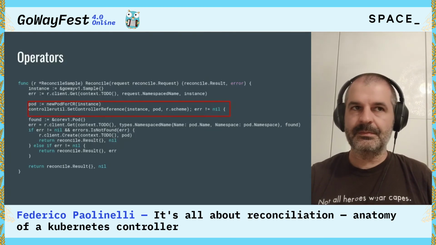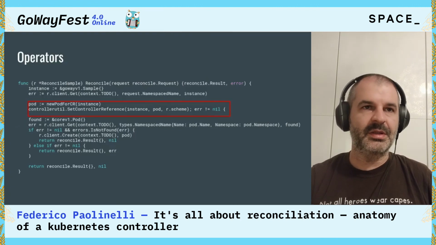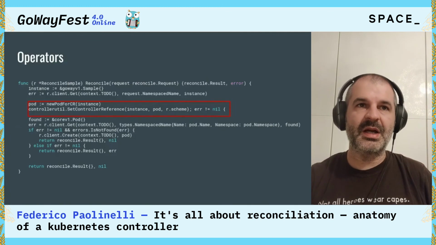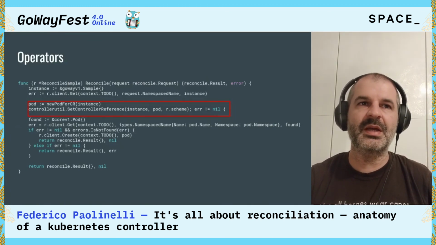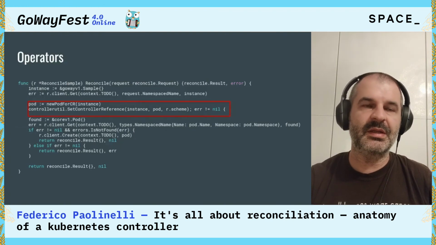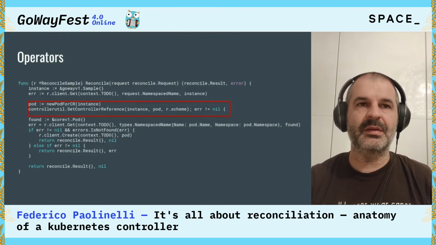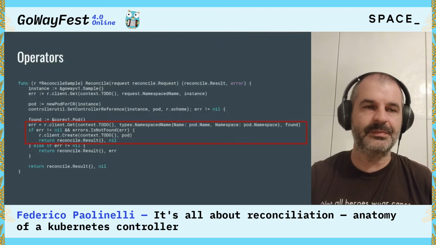Given that your entry point is always the primary CR, your code has to be idempotent. It can happen that some other event is happening on the primary CR, and then the pod is already there, which is the reason why we check for its existence.